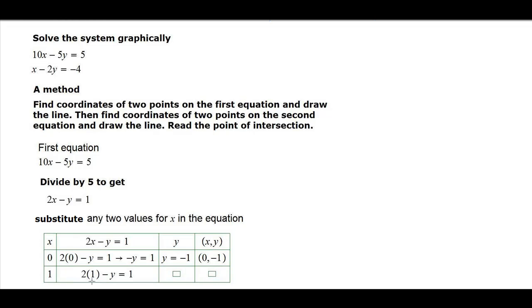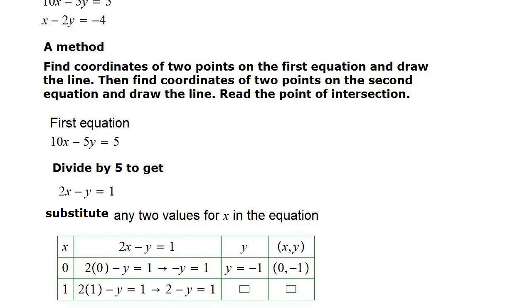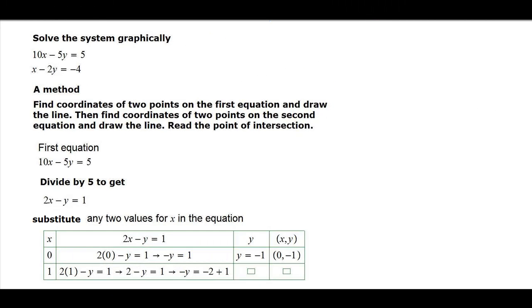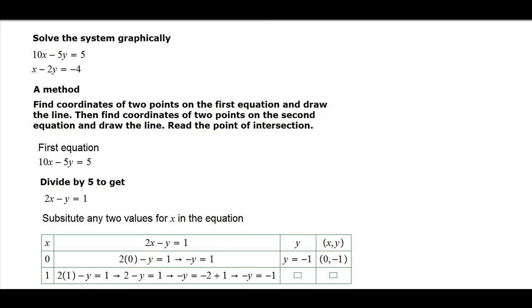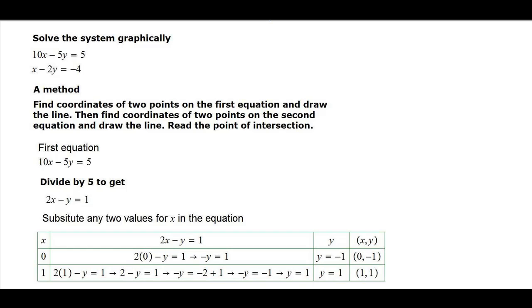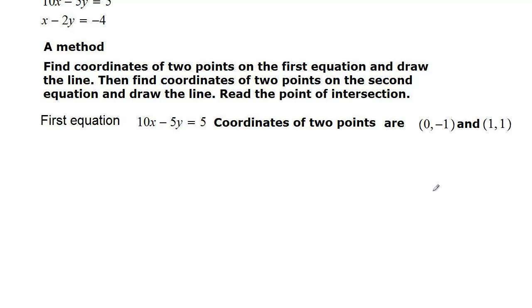Substitute x equals 1 here, so we get 2 minus y equals 1, resulting in negative y equals negative 2 plus 1, which gives us negative y is negative 1, that is y equals 1, and we get 1, 1 as coordinates of another point on this line.